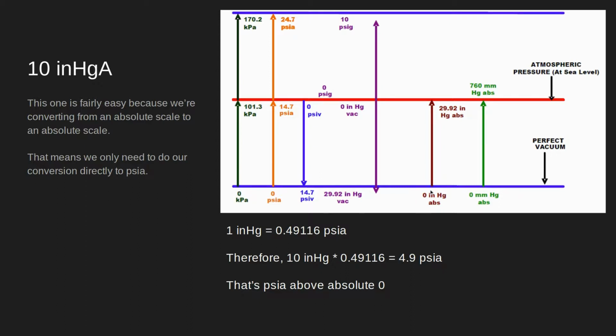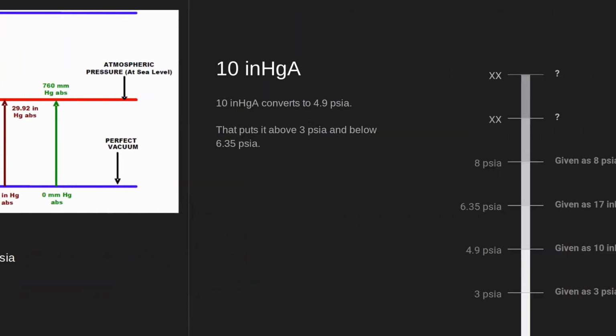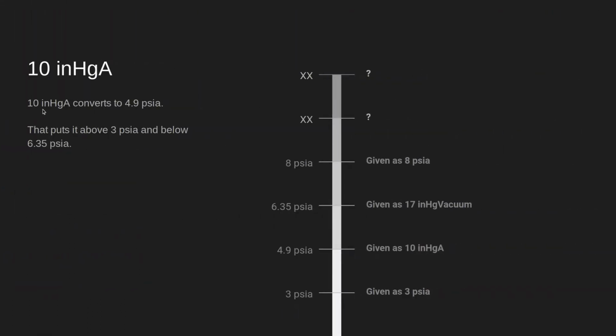So whatever we convert to is from this point going up. 10 inches of mercury times 0.49116 is 4.9 psia above absolute zero. Okay, so that throws a wrench in our scale. Since the 10 inches mercury absolute converts to 4.9 psia, it's above 3 psia, but below 6.35 psia. So now our chart is building. We've got 3 psia, 10 inches of mercury absolute, 17 inches of mercury vacuum, and 8 psia so far from lowest to highest.